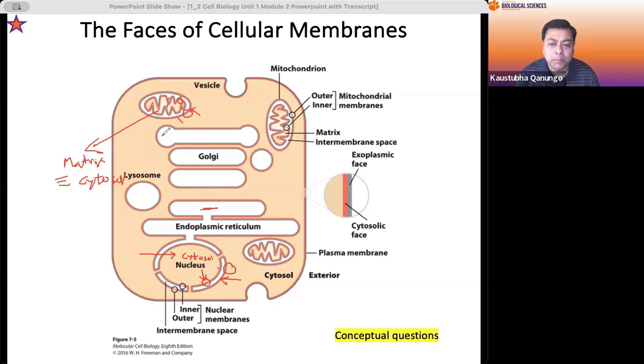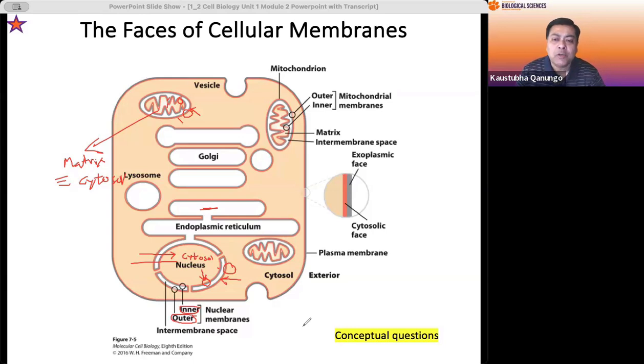If you just read the blurb, you will see that I just wrote it down. The video is in very much detail, because this is where people get confused. If you just go from one side, you say that this is outer, inner, outer, and that's not the case. Here, this is your outer membrane, this is your inner membrane, but each of them you consider from a different side when you are looking at the leaflet.